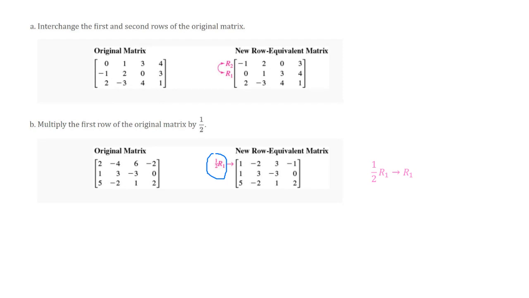So when I do that, I'm going to multiply this 1/2 to all the numbers of the original row. 1/2 times 2 is going to give me 1. 1/2 times -4 gives me -2. 1/2 times 6 gives me 3. 1/2 times -2 gives me -1. Again, this is the syntax. I'm multiplying 1/2 to row 1, and it's going to give me a new row 1.